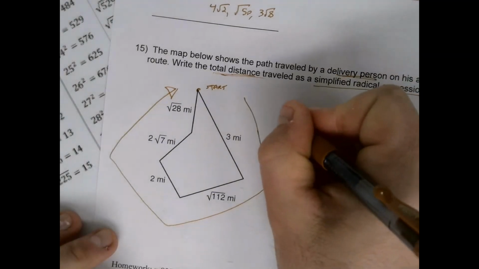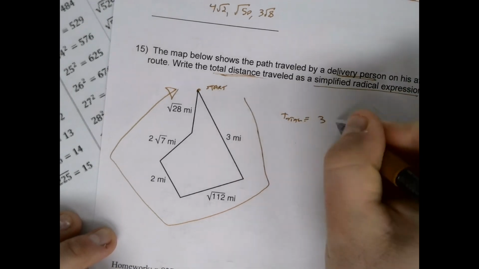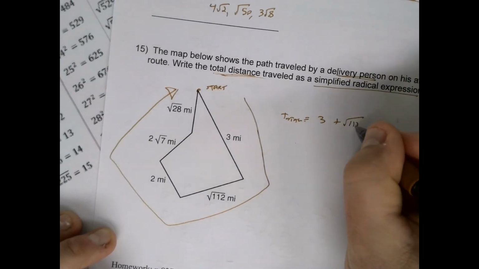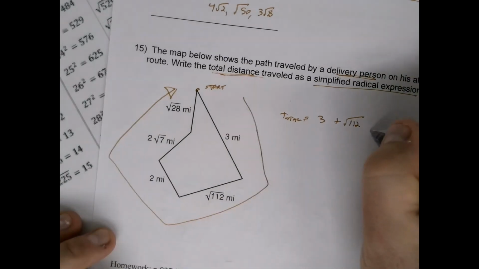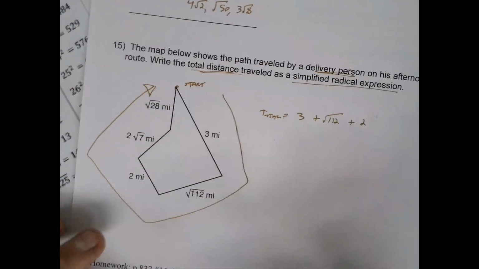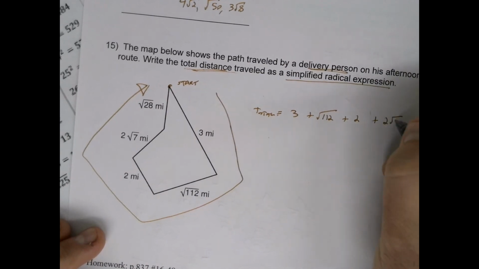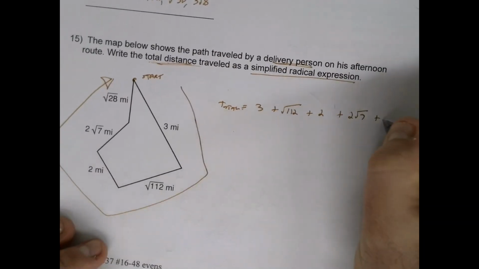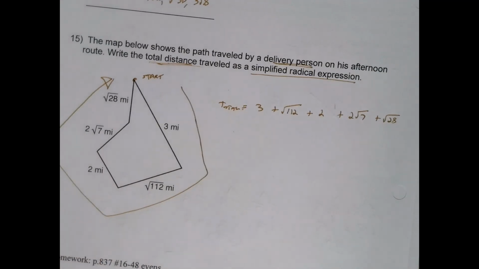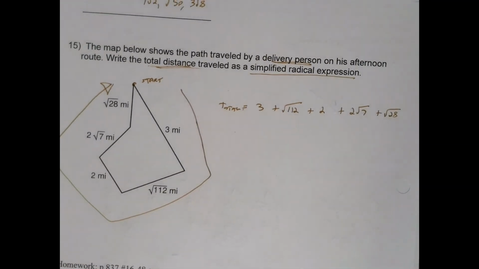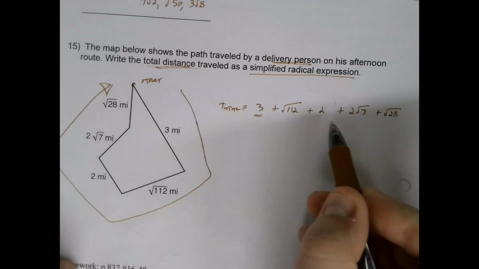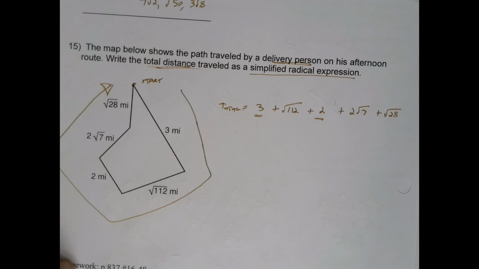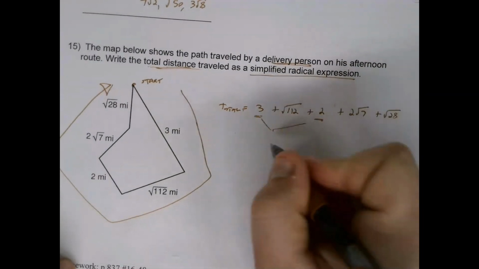So the total would be 3 miles plus root 112 miles plus 2 miles plus 2 root 7 miles plus root 28 miles. Okay? And this becomes a situation where, hey, we could just add radicals if they're already in that form. Okay? Well, which ones are easier to add already? The 3 and 2. That makes what? 5. So let's put those together as 5.